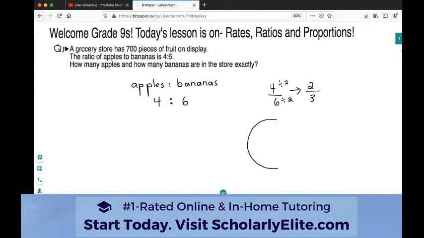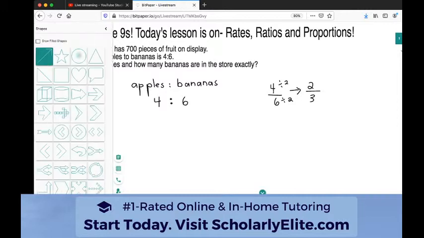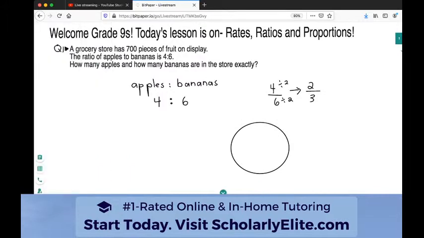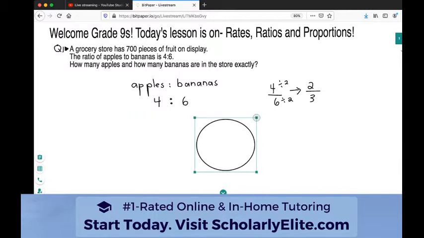When I look at this as a fraction, I'm not going to draw a circle, I'm just going to bring myself a circle here because that'll be easier. So if I have this circle, and let's just draw another circle.